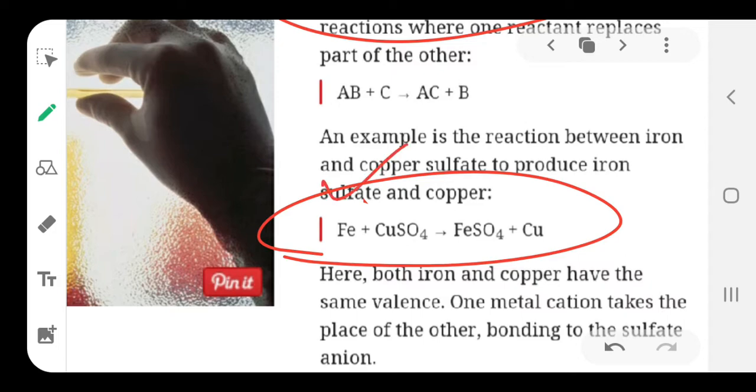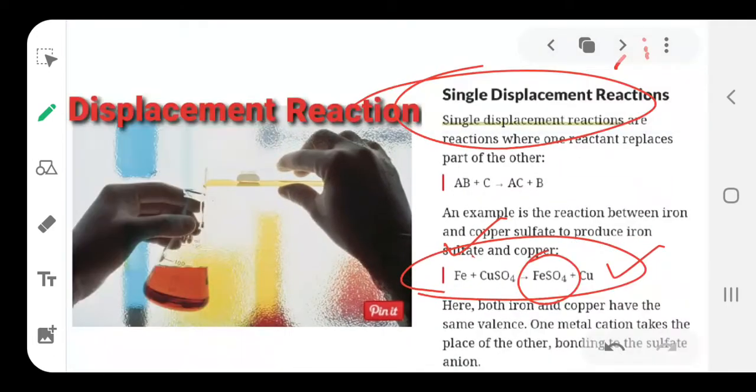Again, iron is more reactive than copper, so it replaces copper from sulfate and forms iron sulfate, and copper is out. So whenever the more reactive metal reacts with a less reactive metal in salt solution, it displaces it. So that is the word displacement reaction.